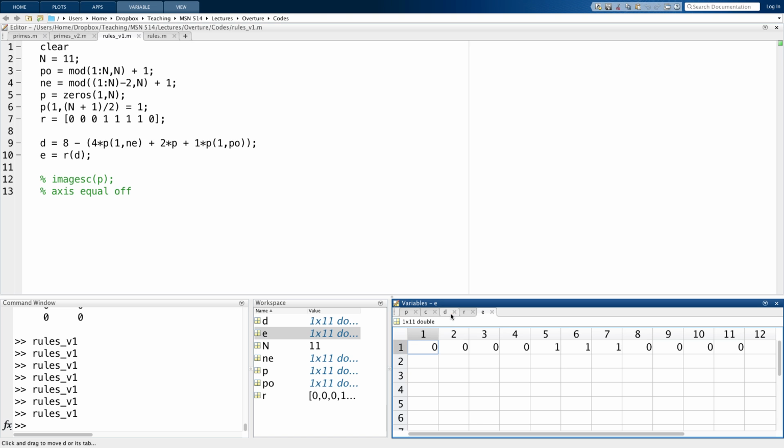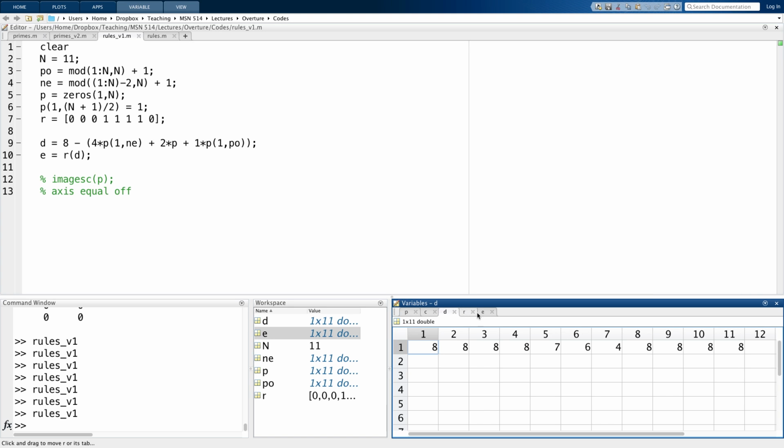What is happening is, for example, the first element of D is 8, right? Since the first element of D is 8, the first element of E is whatever the 8th element of R is. Everyone gets this? Yes? Super.